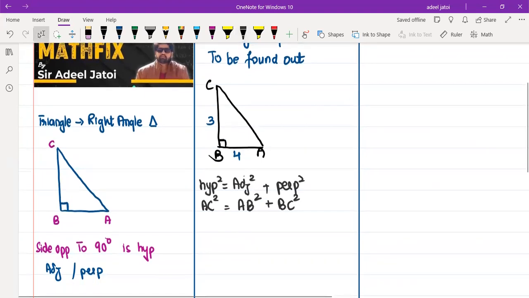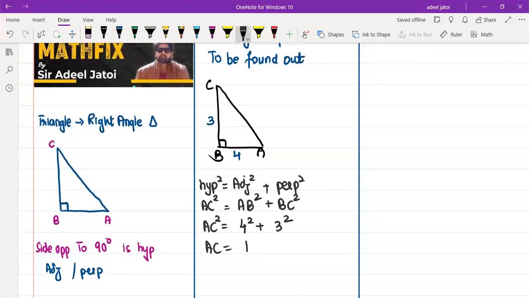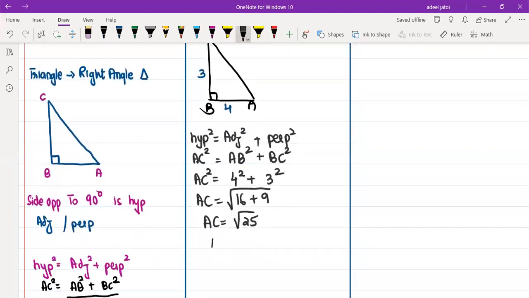Perpendicular square. So we need to find AC square, whereas AB is 4 square plus 3 square. AC will be 16 plus 9, and this will be under root. So AC will be under root 25, which means your answer for this would be 5. So your hypotenuse here is 5.